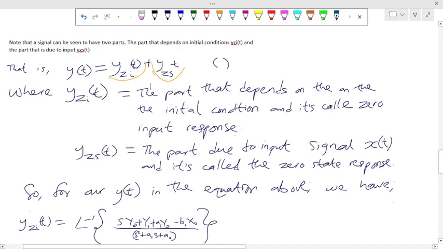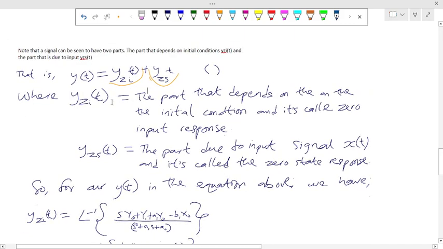Here we just defined them, saying that y_zi(t) is the part that depends on the initial condition, and it's called the zero input response.